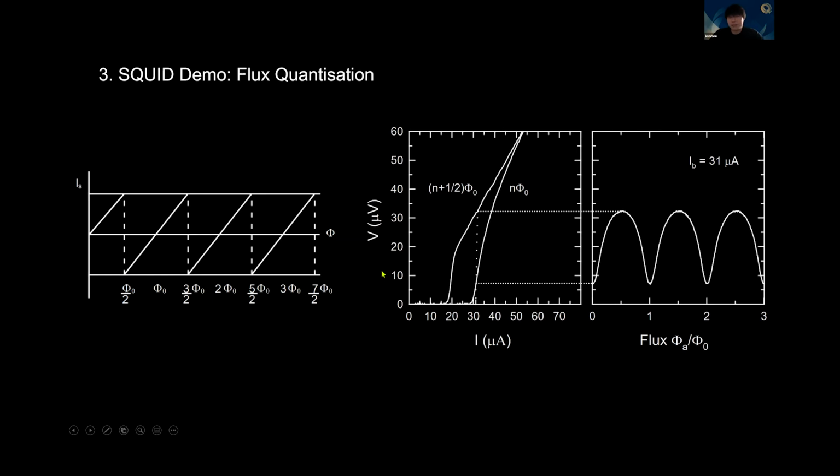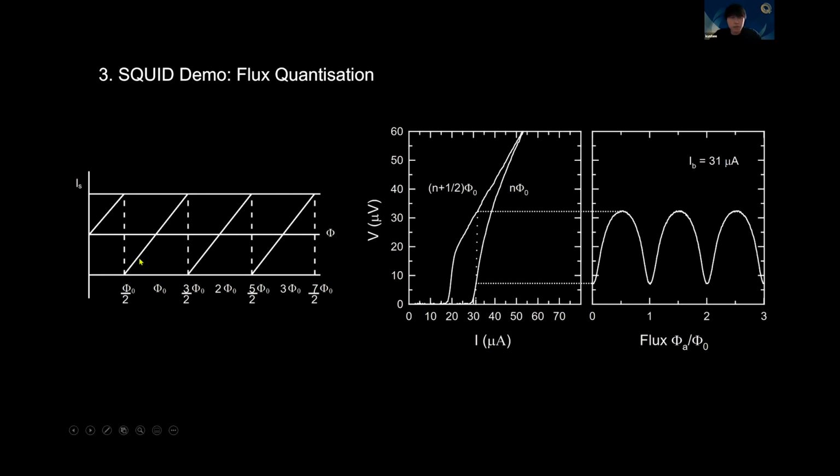What we need is some way to translate the two, which is using the voltage versus current graph, right? This bottom graph here is what we have seen earlier, superconductivity. This is the graph that corresponds to when the total flux is an integral multiple of the flux quantum. And this top graph is n plus half, which is half a flux quantum, 3/2 of a flux quantum, and so on.